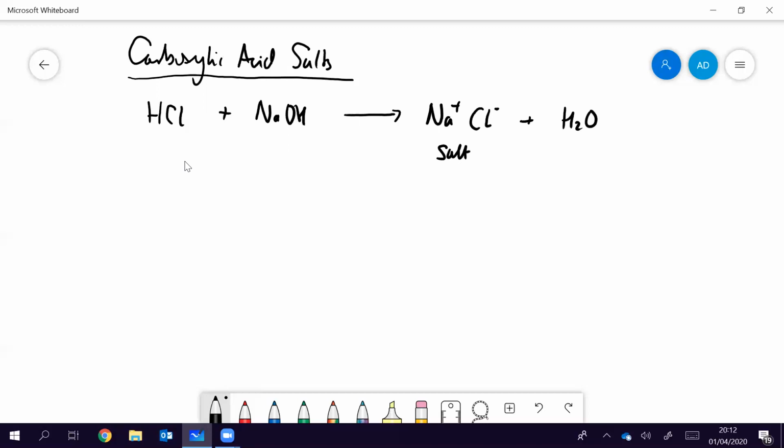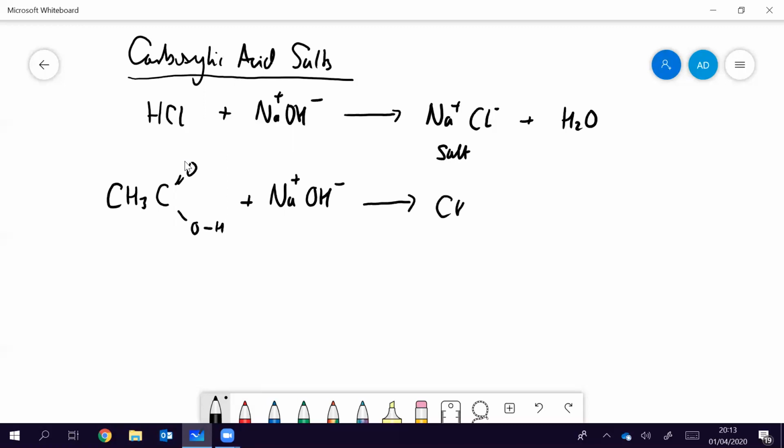Right, the same is true with carboxylic acid. So if I get ethanoic acid plus NaOH. Let's put the pluses and the minuses. So just to show you that the sodium is just a spectator ion here, really, isn't it?